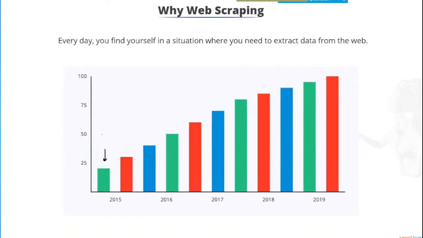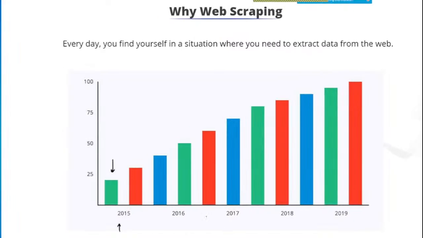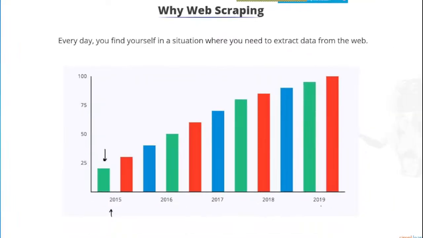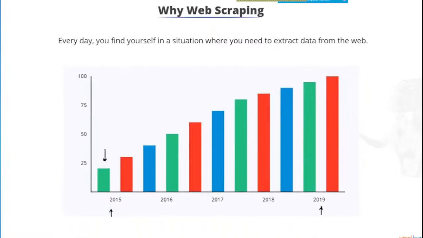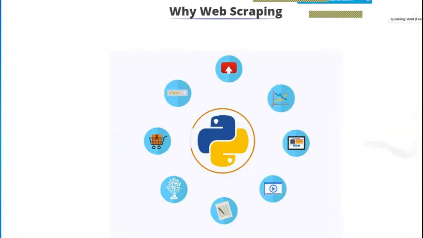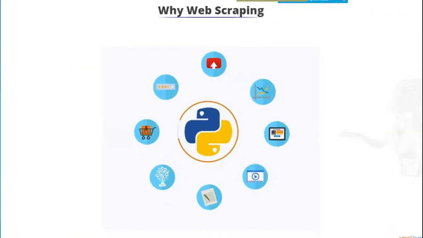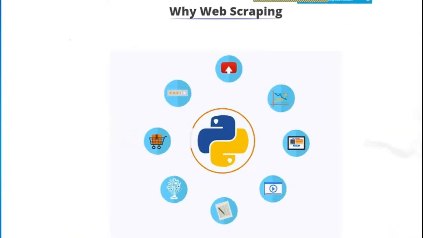The extraction is done here, and over the past years you can see that this process is increasing. That's what this chart is indicating. Okay, why web scraping? So you can have a simple example.